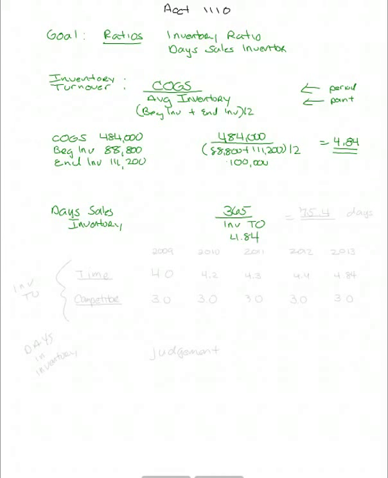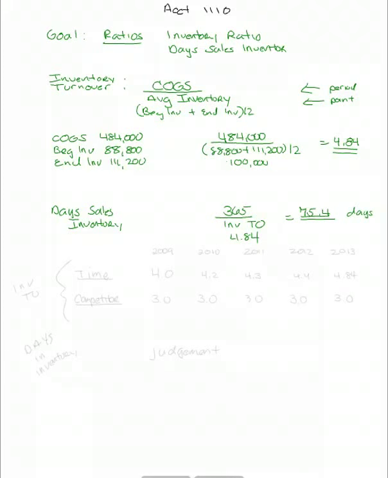So if you take 365 and divide that by 4.84, you'll find that your average days sales in inventory is 75.4. So on average, you keep your inventory 75 days, or you have 75 days worth of inventory on hand at any given time.